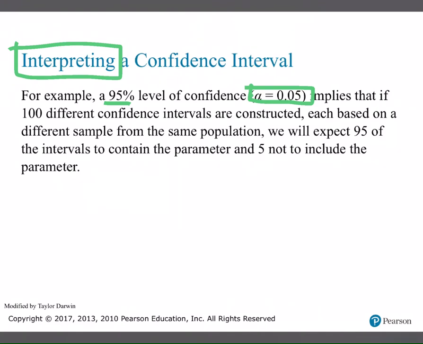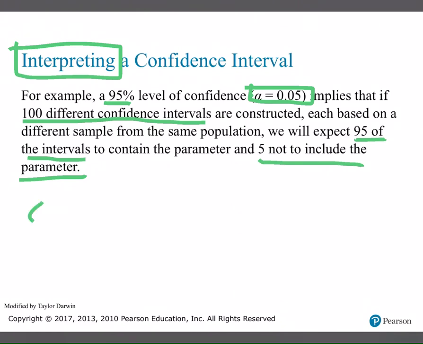So alpha equals 0.05 implies that if I were to create 100 different confidence intervals, each based on a different sample from the same population, I would expect to be right in 95 of those intervals, and 5 I would be wrong. So 95 would actually include the parameter that we're trying to get, and 5 would not include it.